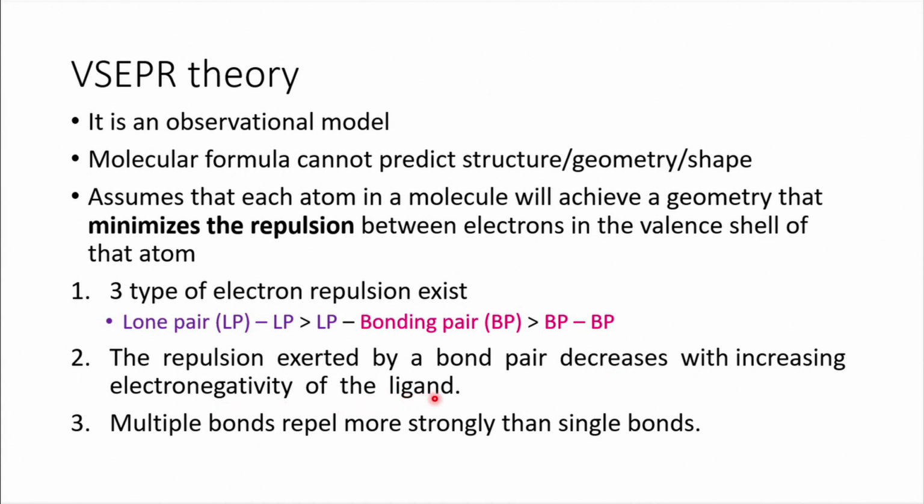That means when two atoms are connected by a bond having a large electronegativity difference, the repulsion exerted between the bonding pair will be very minimal, because the more electronegative atom tends to keep the electrons towards itself for the majority of the time. So the bonding pair repulsions are going to be minimal in that case. And when we talk about multiple bonds, they repel more strongly than a single bond. So these are all the various aspects of the VSEPR theory.